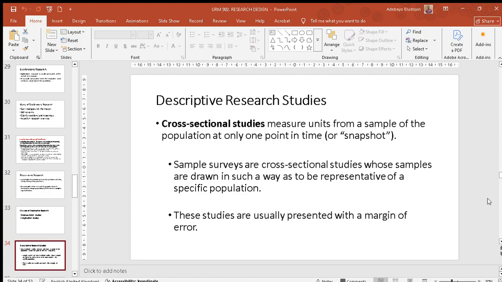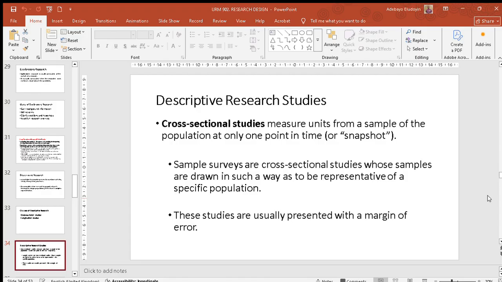Should we go 100 level, 200 level, 300 level, 400 level, so that we will not be having a kind of lopsided information? And then maybe somebody is getting a field work, as we will talk about later. How representative is that? So for descriptive research study, there is need for us to consider representativeness.